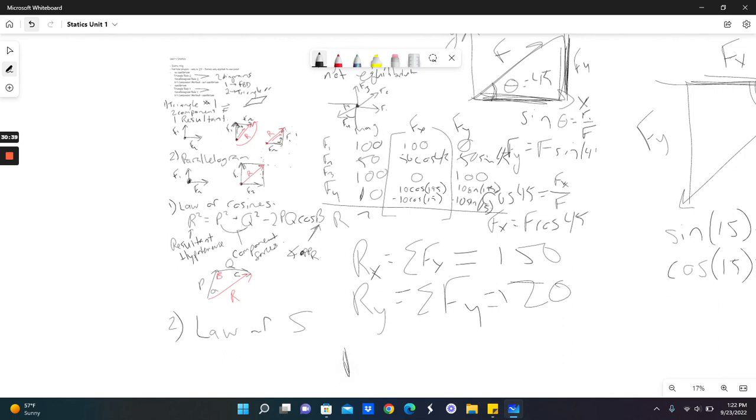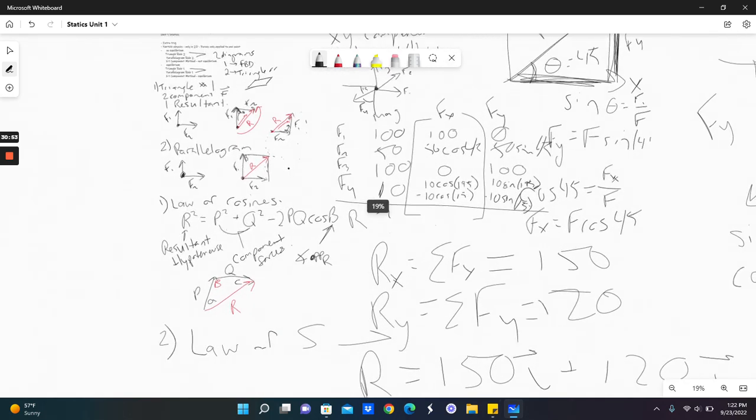So then the vector R is going to equal 150 i, let's say that's what they sum to, right? Plus 120 j. That's good. That's a start, but it's not our final answer.